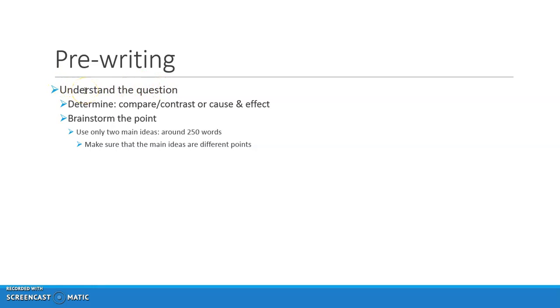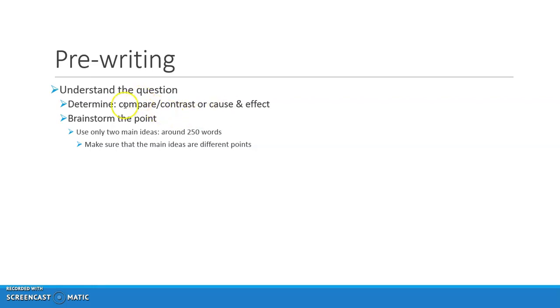Now, what does it mean by understanding the question? First of all, you need to determine whether the essay is a compare or contrast essay or a cause and effect essay. We will look at that in detail later on. For EPT in UA, we only test you on compare, contrast, or cause and effect.